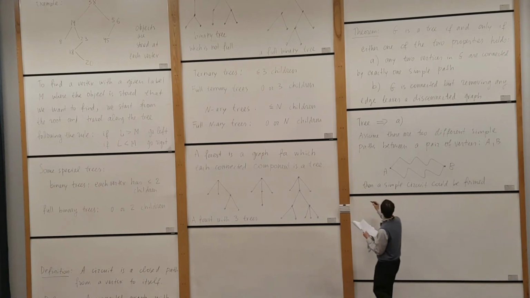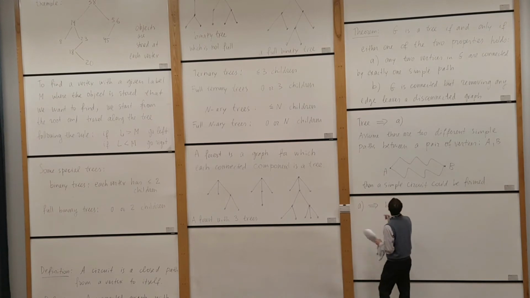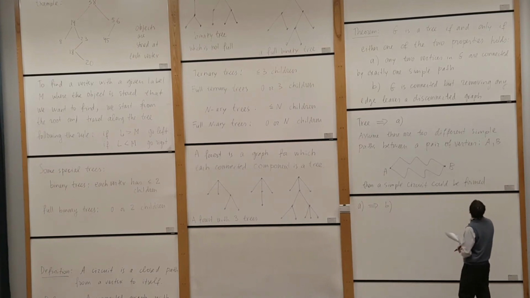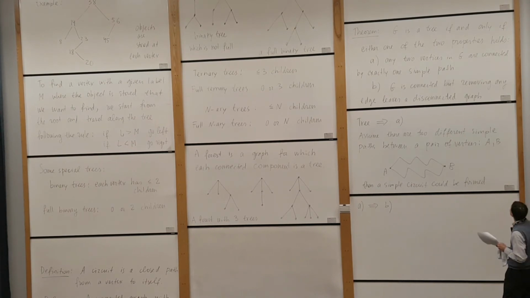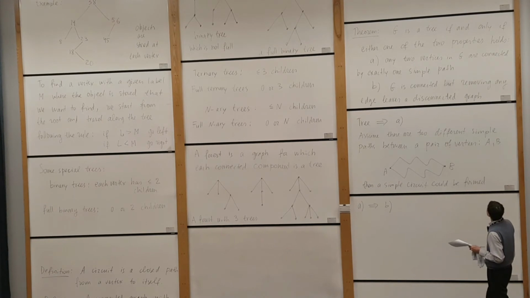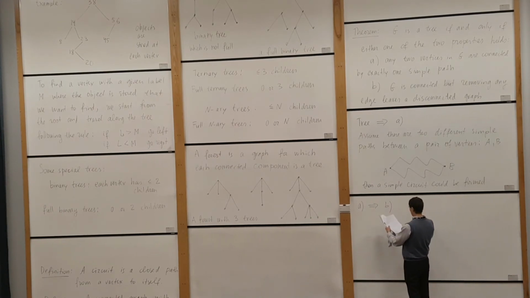So next, let's prove that property A implies property B. So assume that any two vertices in G are connected by exactly one simple path, then naturally it follows that the graph is connected because at least one path is there. But moreover, remove any edge, you get a disconnected graph. So why does A imply B?